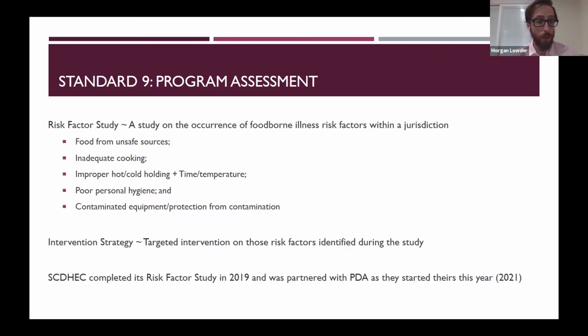And then you also have an intervention strategy where you develop a strategy to respond to those areas that are in need of improvements. In South Carolina, we completed our risk factor study in 2019. And then this year, we were partnered with the Pennsylvania Department of Agriculture as they did theirs, as their mentor in the mentor-mentee relationship.